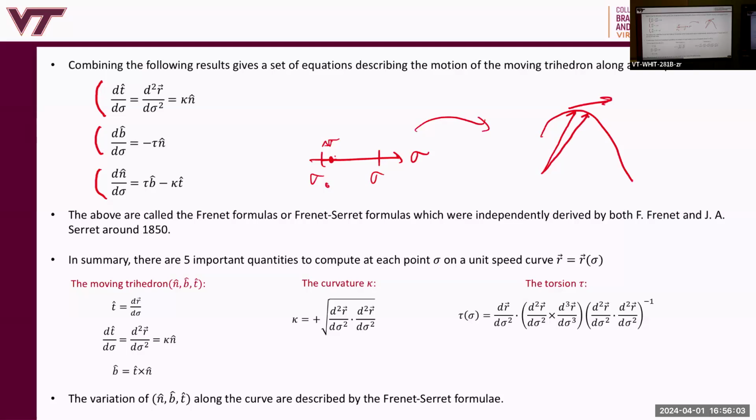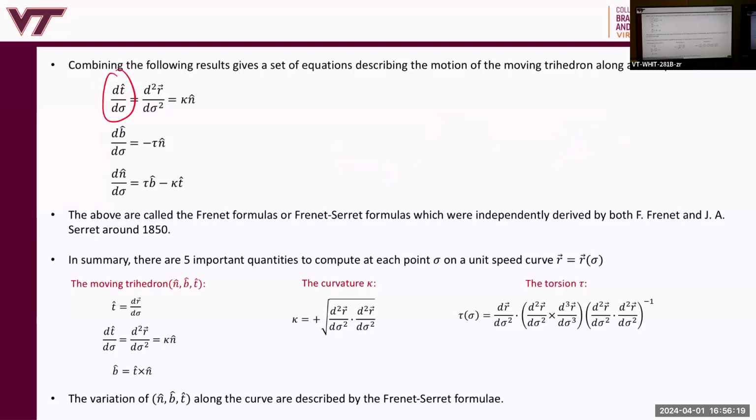The tangent vector here is going to be like that. So they vary a lot, right? So if the rate of change of the tangent vector is large, then the curvature must be large, right? That's what that implies. So that's why the magnitude of this derivative is equal to kappa times n.